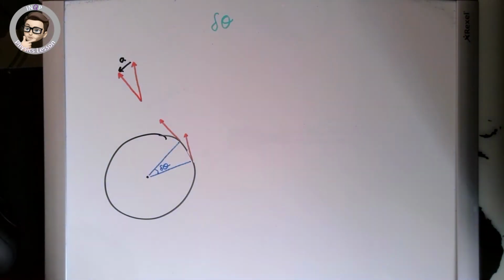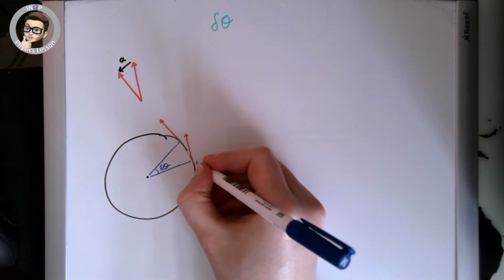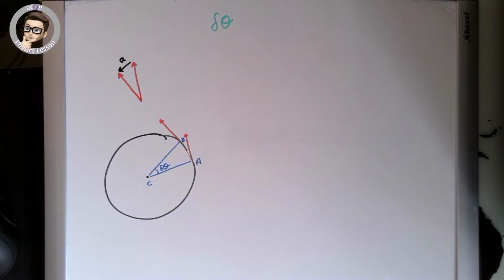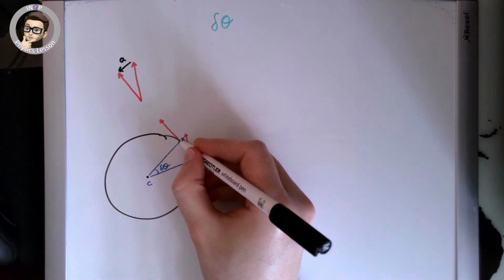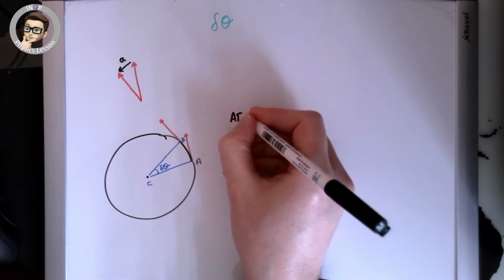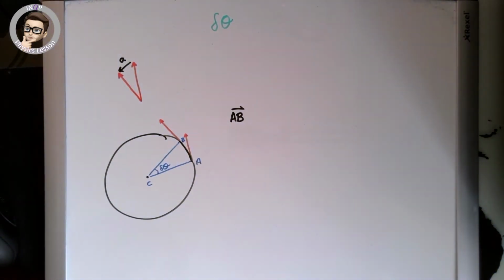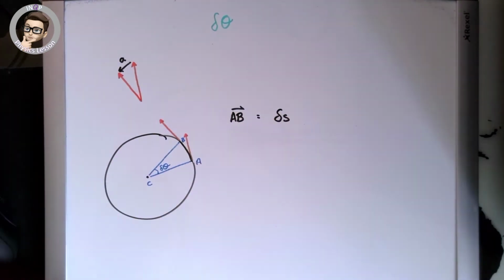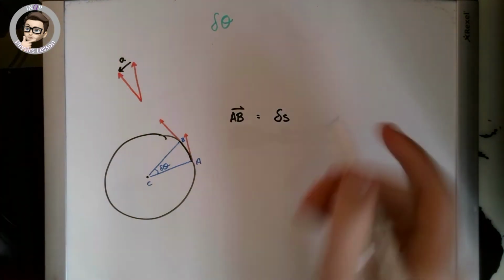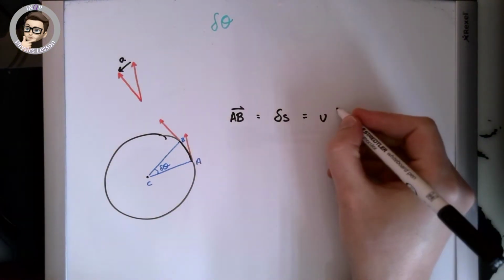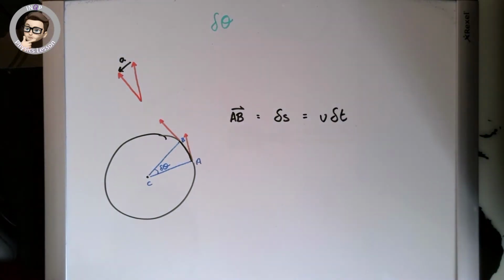Okay, so we've got those two velocities acting at those points, and we're going to name those points as well. So we'll name it A, B, and C. So the distance they move, the distance here between A and B, we'll call it a change in displacement, delta S, is going to be equal to the velocity that they're moving at multiplied by the change in time.